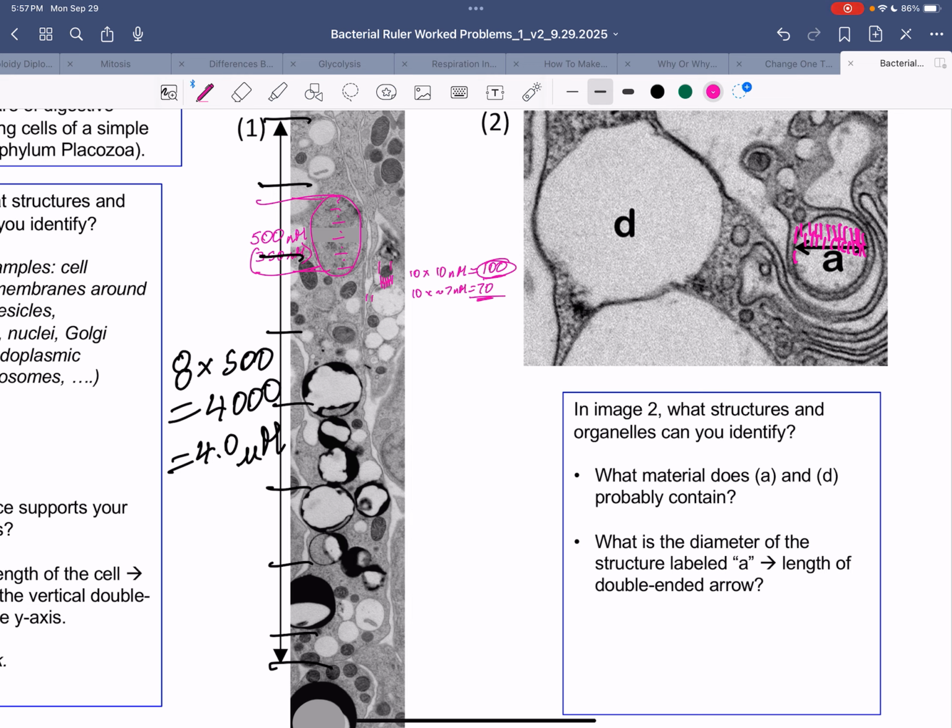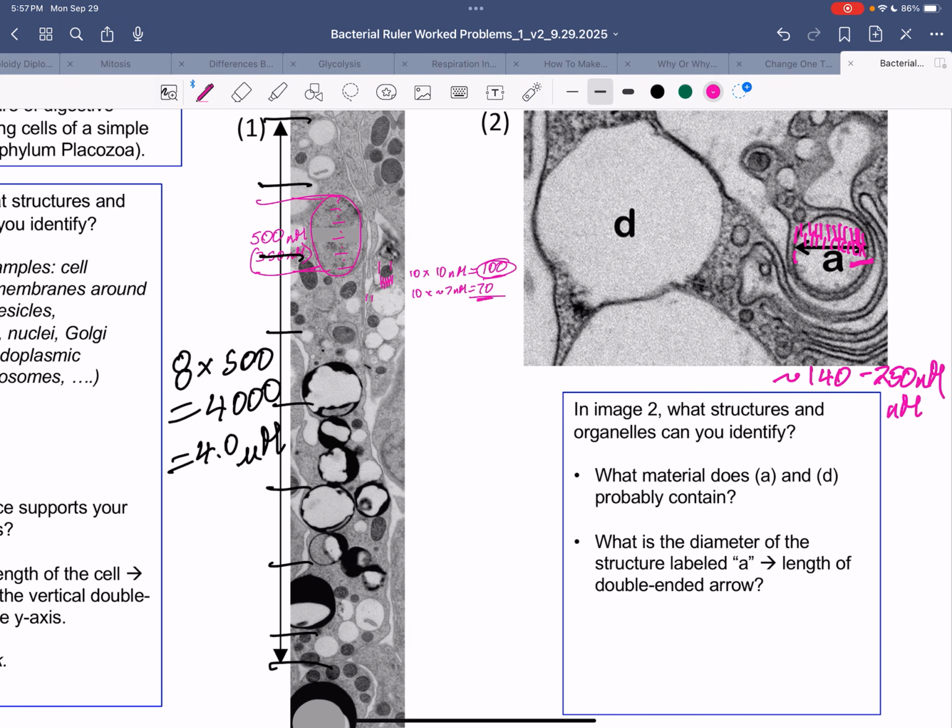20 times 10 would be 200. 20 times 7 would be 140. So I'm going to go with either one of those and call it about 140 to 200 nanometers. If you want to count this as 25, maybe instead it would be 140 to 250 nanometers.